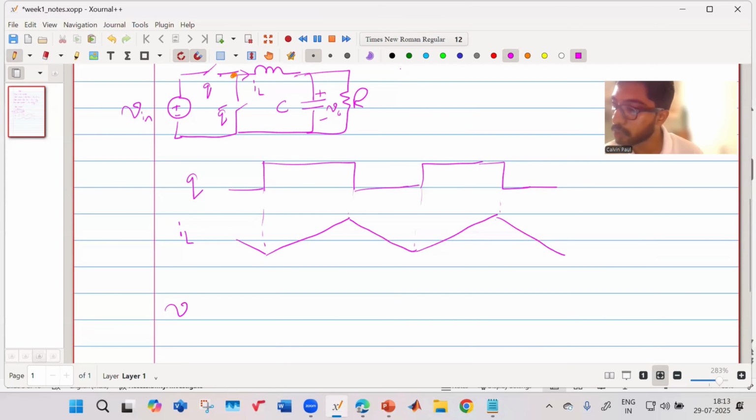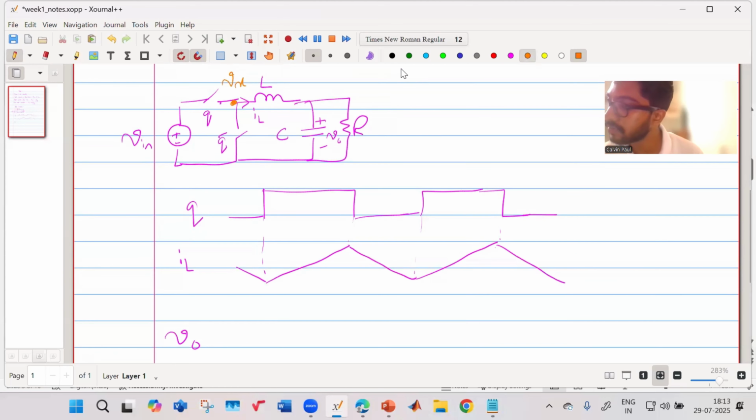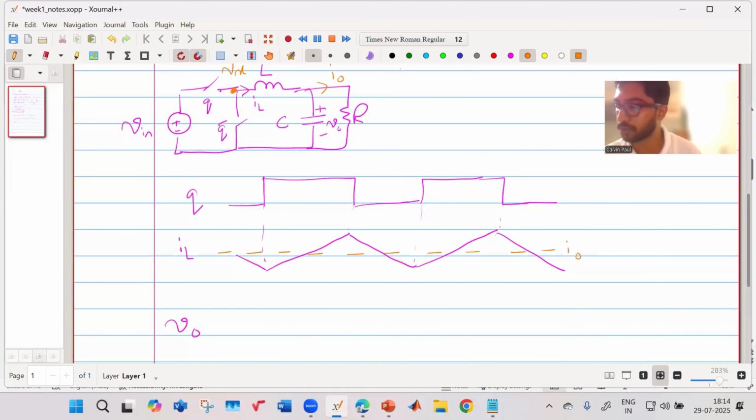Similarly, you will have an output voltage. Okay, in the case of a buck converter, when your IL is increasing, we will have this average value. The average value of your inductor current is actually your load current, I output.